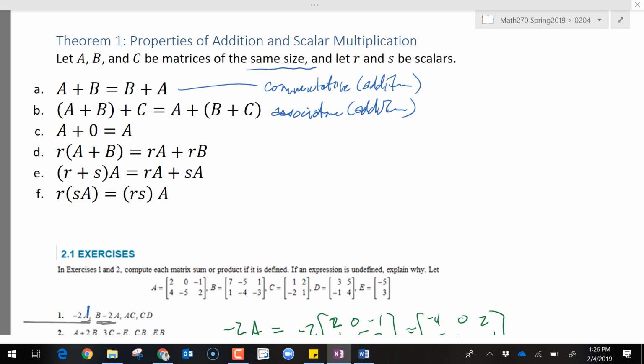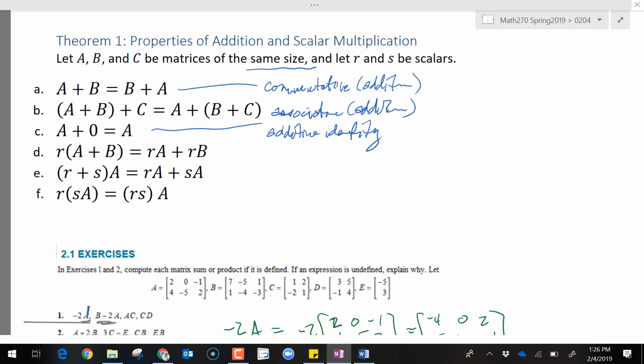When you add 0, do you guys know what that's called? No? So the identity matrix is referring to multiplicative identity.